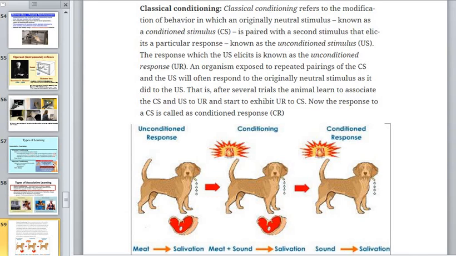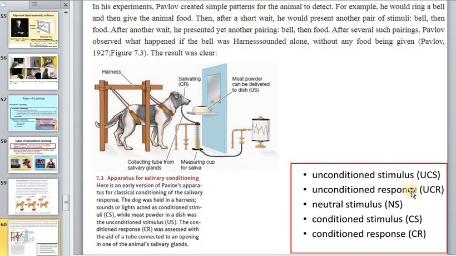That is, after several trials, an animal learns to associate the conditioned stimulus with the unconditioned stimulus, and starts to exhibit the unconditioned reflex to the conditioned stimulus. The response to a conditioned stimulus is called the conditioned response. Here we see these words, and I moved all of them to the corner of the slide.